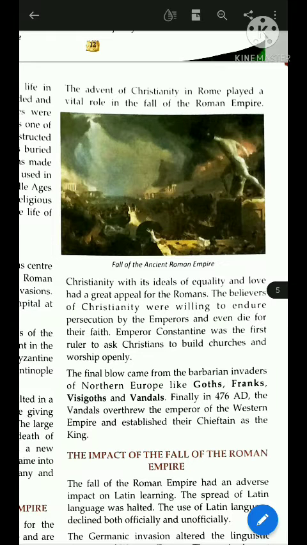Christianity, with its ideals of equality and love, had a great appeal for the Romans. The main ideal of Christianity is equality and love, and they had a great appeal for the people.